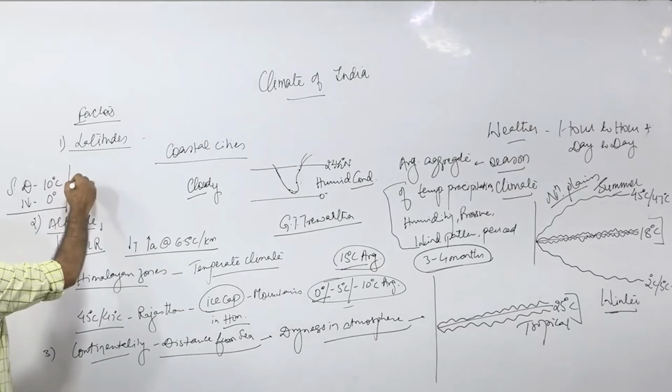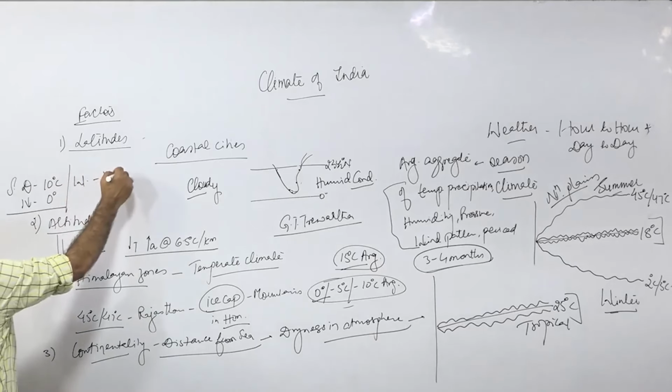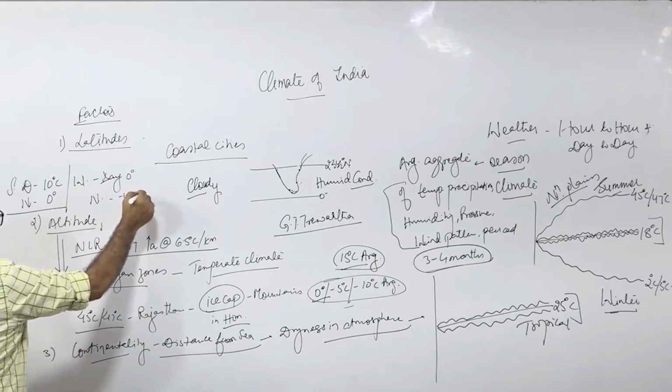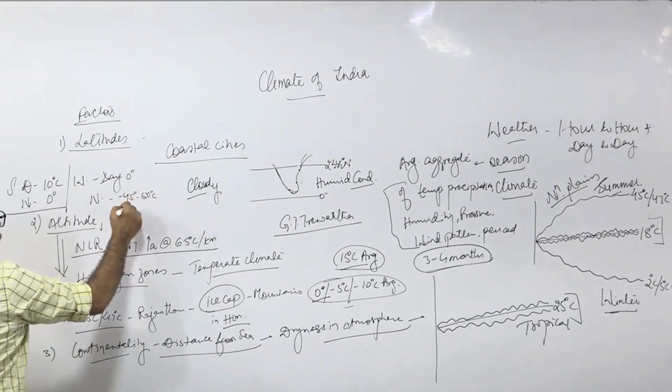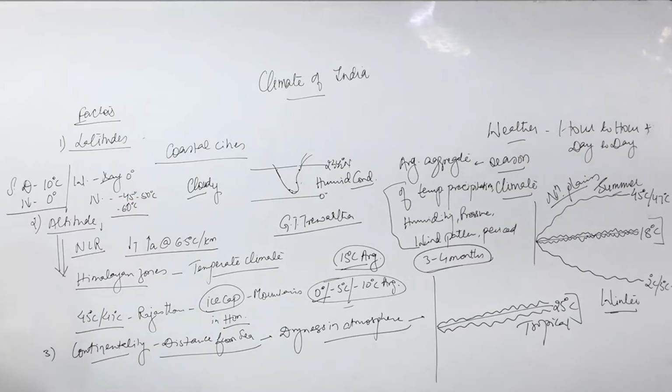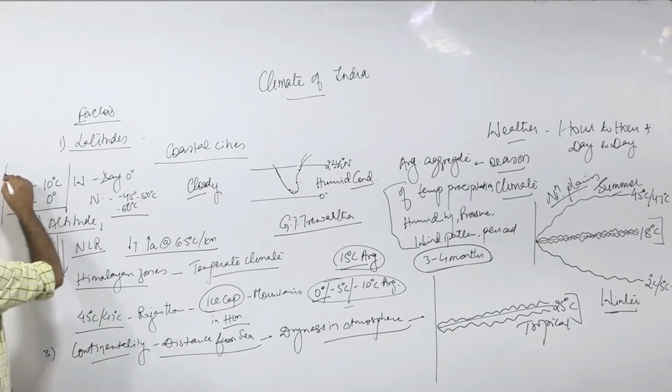Winter season, day temperature is 0 degree, night temperature is -45, -50, -60. Season हुआ नहीं हुआ? So polar areas also have the season.